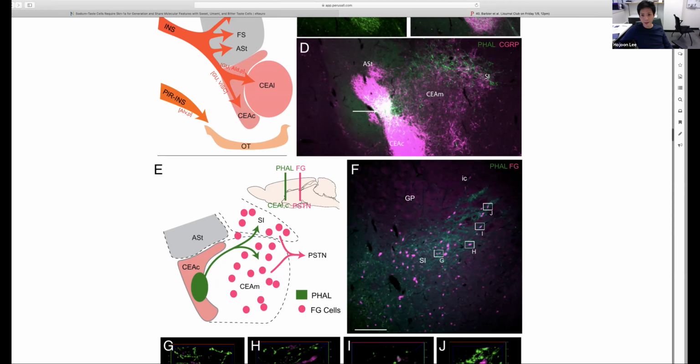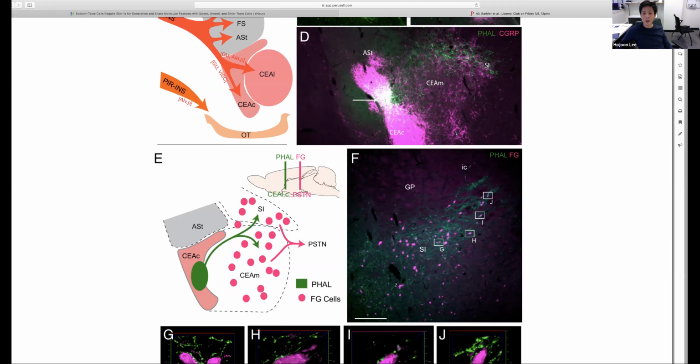But if we go back to figure 5 that Jake was telling us about, they're injecting virus into the PSTN and looking at the terminals, and they see that there are projections in this region again.